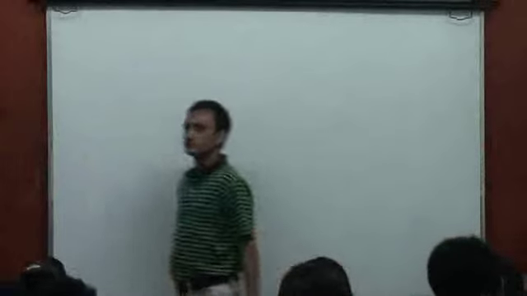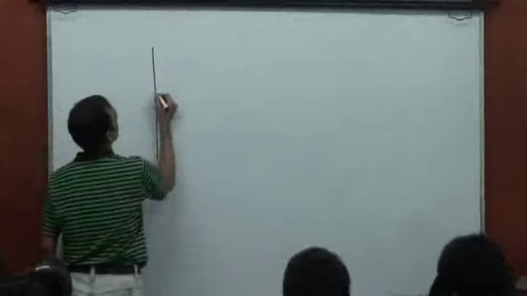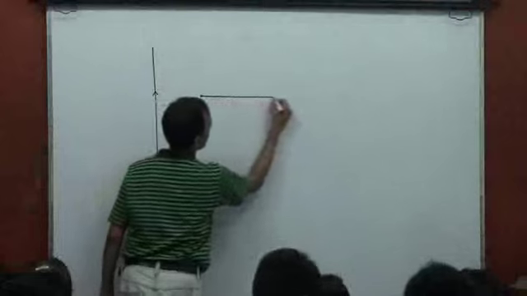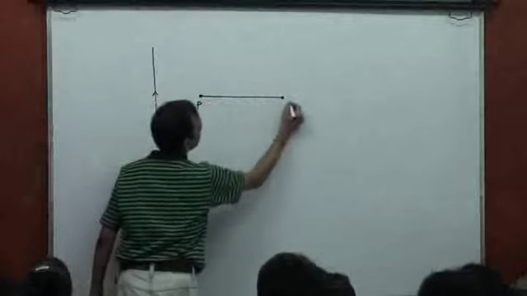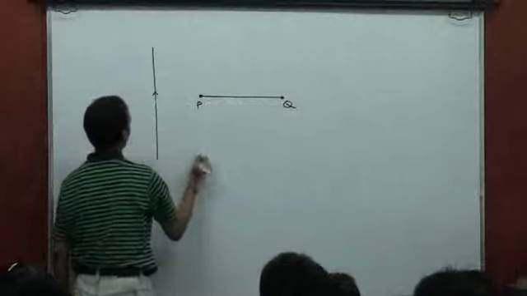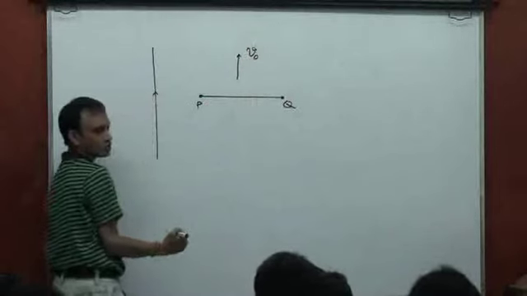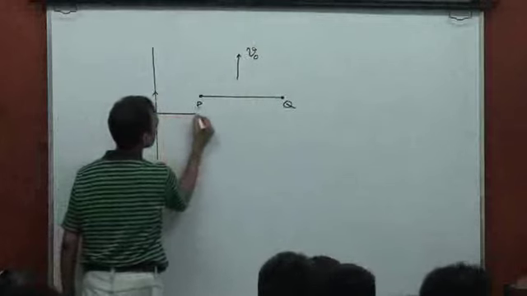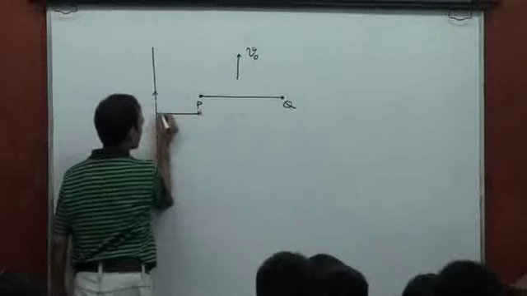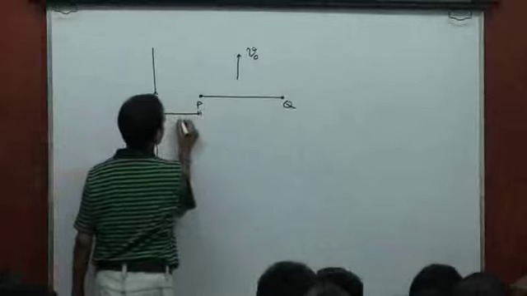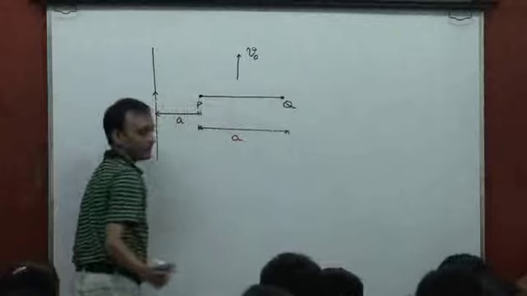Now look, if there is a conductor PQ moving with a velocity V0, and placed from an infinite long current carrying conductor at a distance a, and this length of PQ is a.